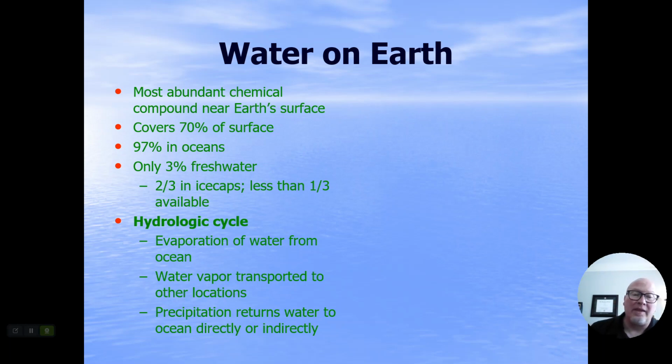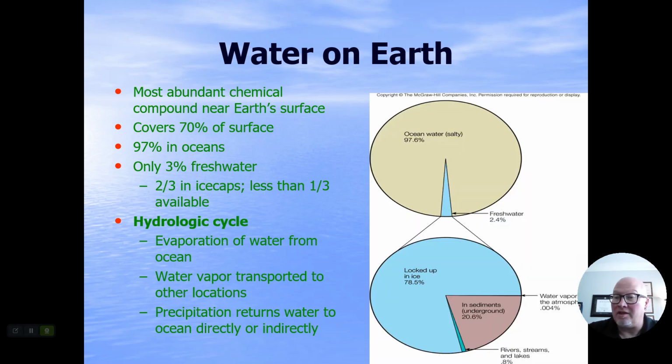The water vapor is then transported to other locations. It condenses and precipitates back to Earth as rain or snow or sleet or hail. So the water then returns to the Earth.